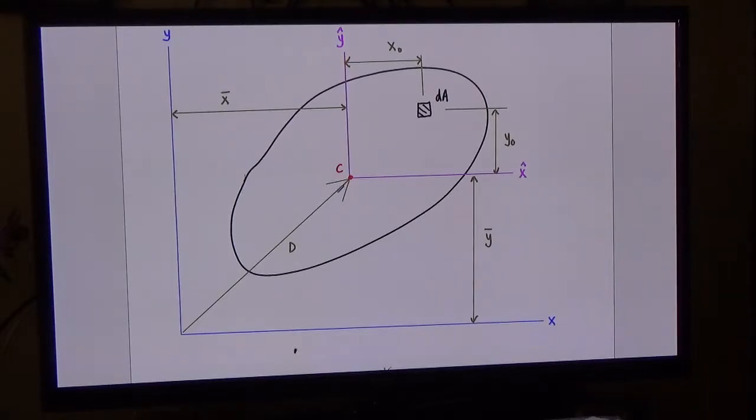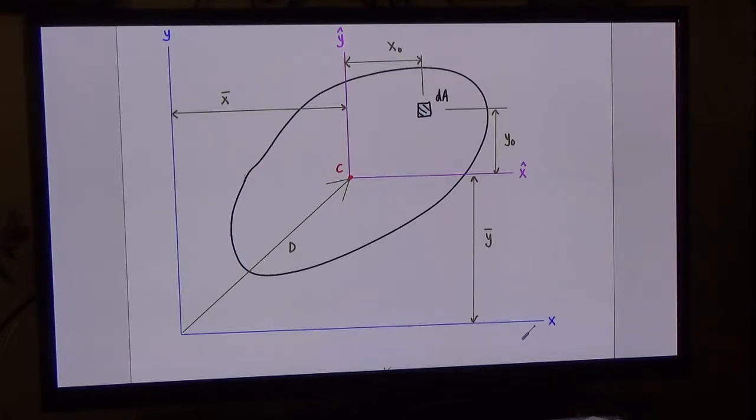So notice here I have the centroid of this area, and then this is just some differential area, part of the area. For the centroidal axes, notice that I give a unique notation. I have here x hat and y hat. So I use the hat notation with the axes to specify that that is a centroidal axis and not a regular x or y axis.